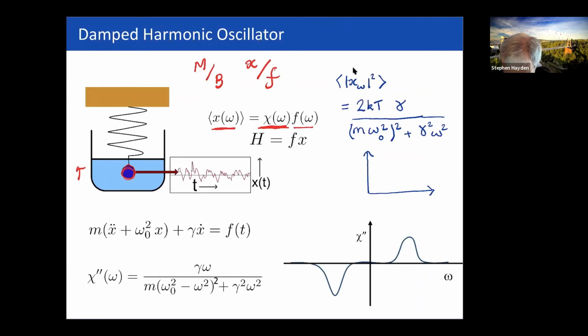Okay, so if we do that, we can work out from the equation of motion of the system, this damped harmonic oscillator, what this susceptibility would be. So here's the equation of motion. Then we've got an acceleration times the mass, so F equals ma. We've got the force due to the spring here, which I've written. I haven't used the spring constant. I've just used the natural frequency of our system, and here this is due to the viscous force on the ball.